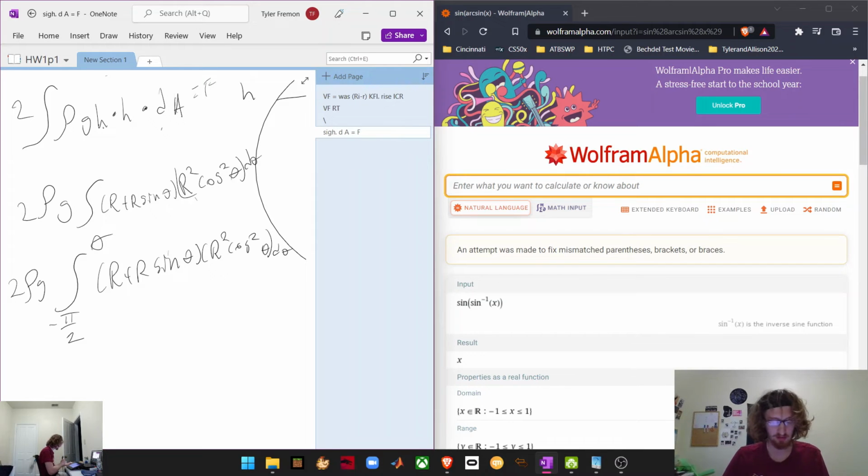The hardest part about this is figuring out how to get Wolfram Alpha to do what we want it to do, because the free version doesn't have the capability of substituting in. So we just need to re-express our theta in terms of arcsine of h minus r over r.